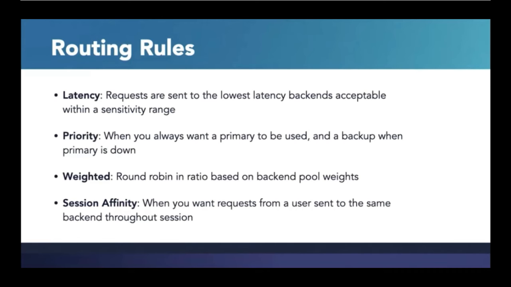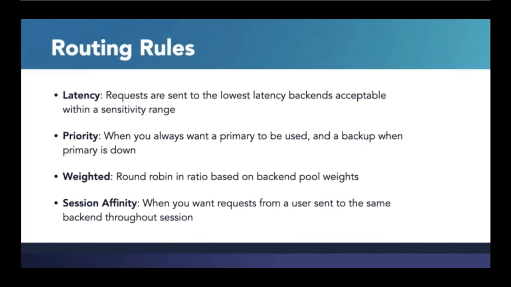Priority, when I always want a primary to be used and a backup to be used only when the primary is down, I can leverage priority-based routing rules. Weighted routing rules mean round-robin and ratio based on backend pool weights, and session affinity for when I want requests from a user sent to the same backend throughout their session.